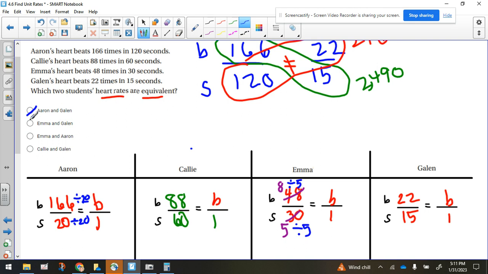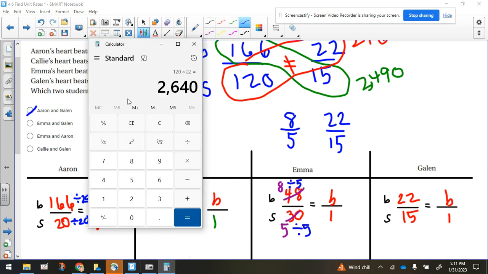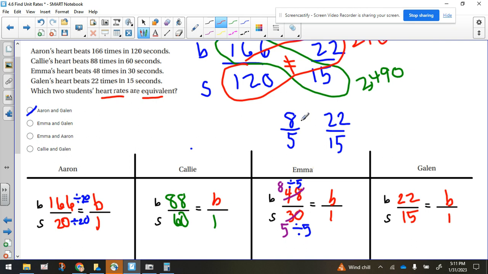Another strategy is to take Emma. Her value is, and let's use the simplified version of it, the 8 to 5. So we're exploring choice B right now, everybody. And let's take Galen's, which is 22 to 15. Let's look at the cross products for that, and again, we'll use a calculator just to speed things up. Let's do this cross product first, 8 times 15.